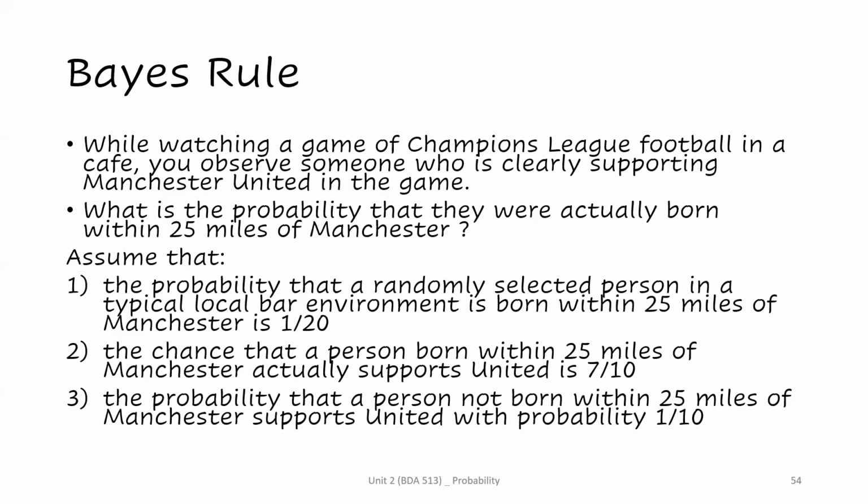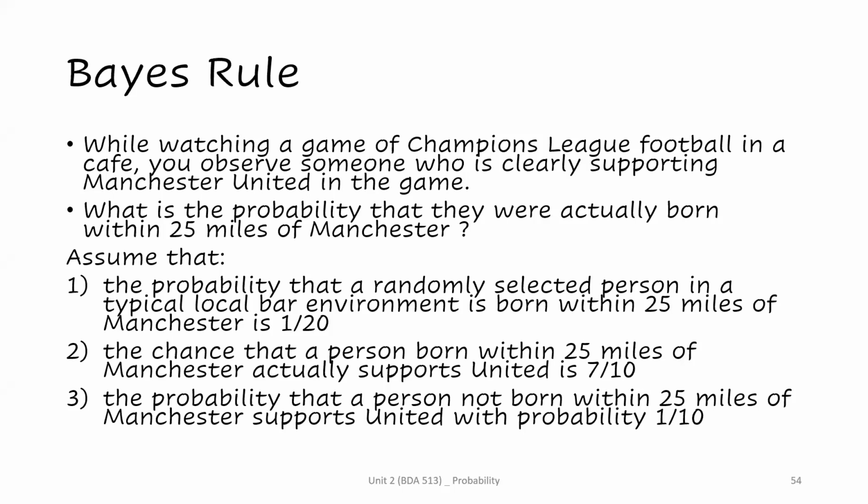Now, the chance that a person born within 25 miles of Manchester actually supports United is 7/10. Of course, not everybody there supports Manchester United, but the chance that a person born within 25 miles of Manchester actually supports United is 7/10.